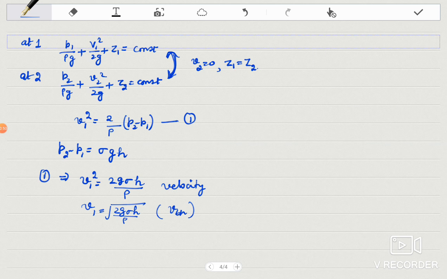As in the previous article, V actual will be the coefficient of velocity into V theoretical. So it is the end of this application. Similarly, there are some other applications of Bernoulli's equation, which I'll tell you in the next lecture.